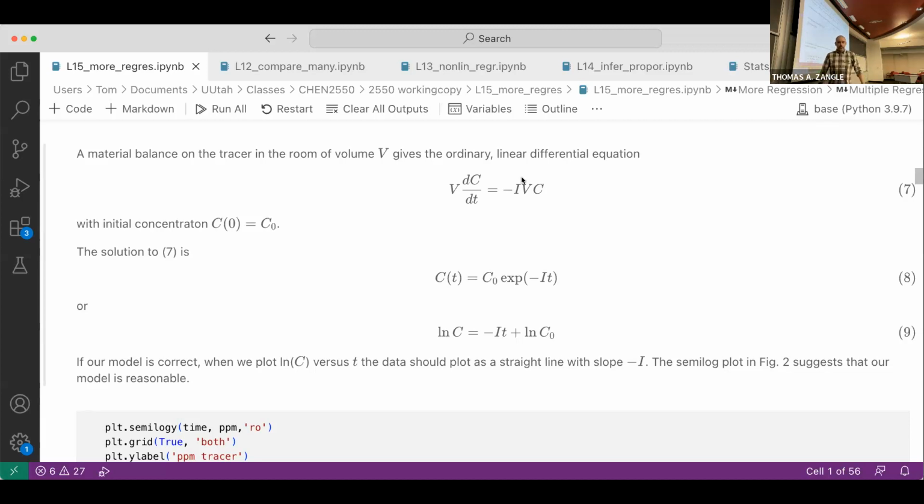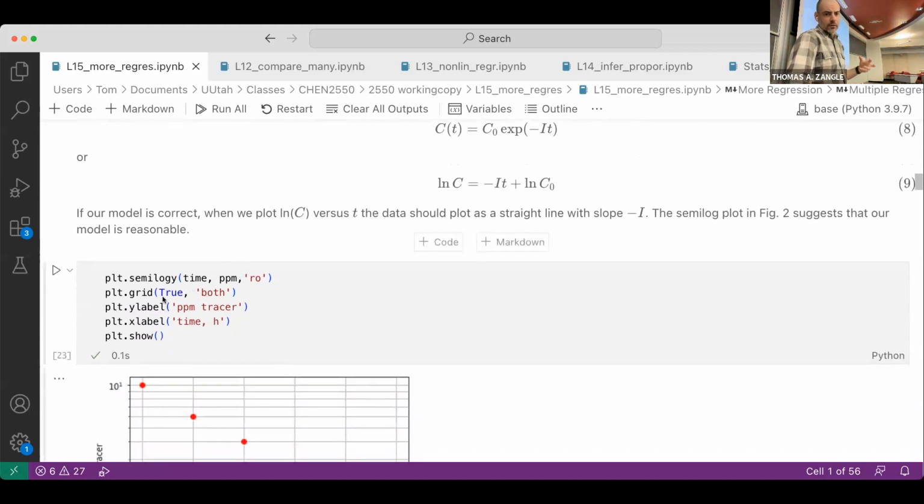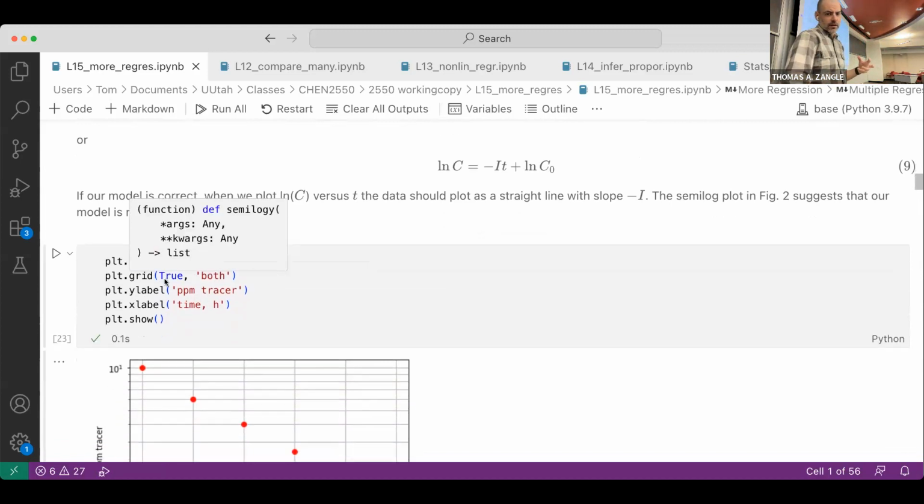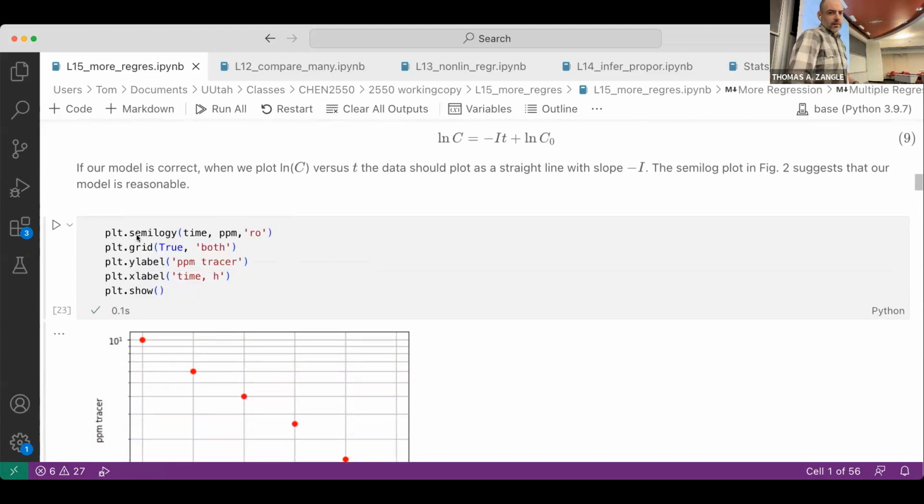So this is suggesting that log transforming the data will give us a straight line. So let's look at the log of the concentration that we measured as a function of time. That is exactly what's done here, and in this case, it's done using the semilog y function.